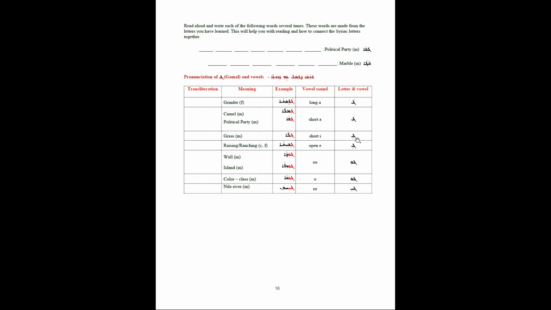G, short I: gilla. Ge: gewitha. You see here, Beth has a single dot underneath it. It sounds W, so it's going to be gewitha.